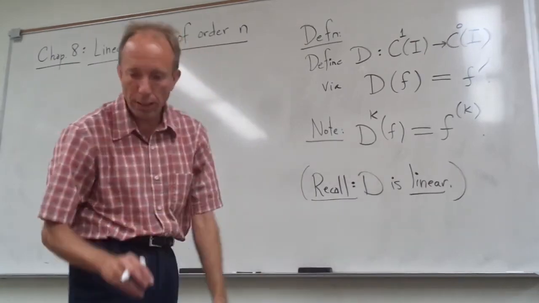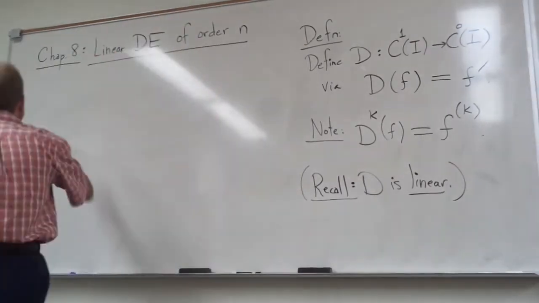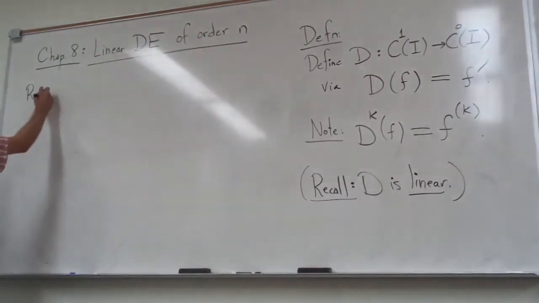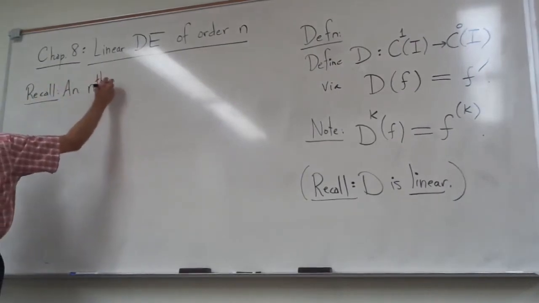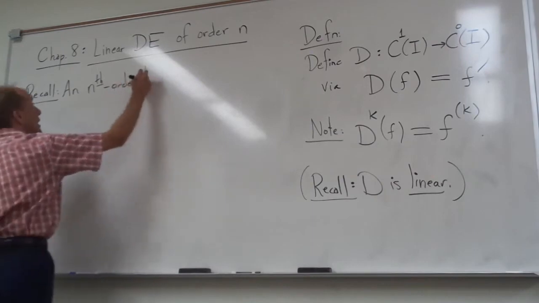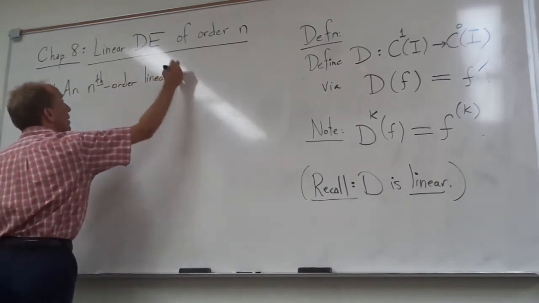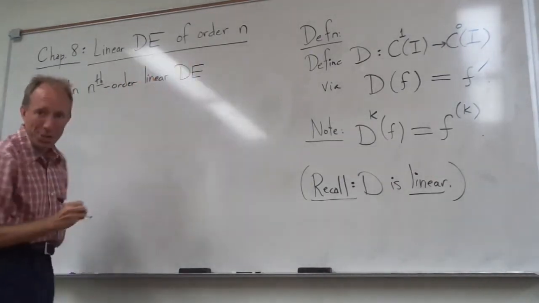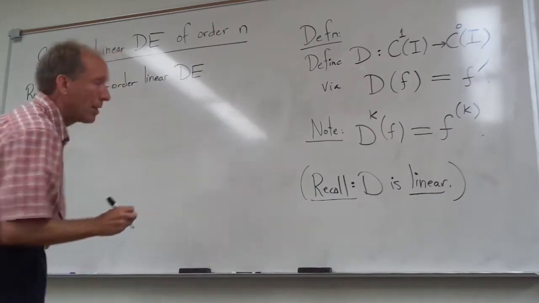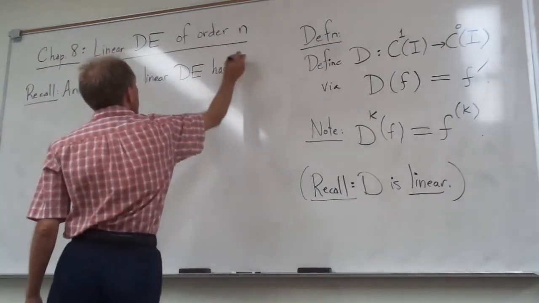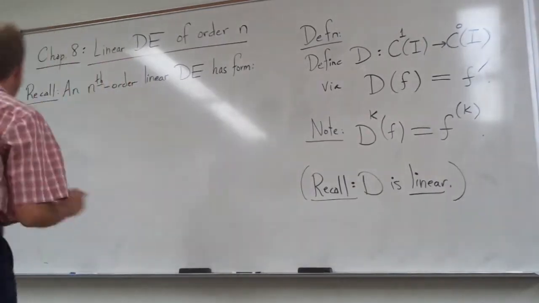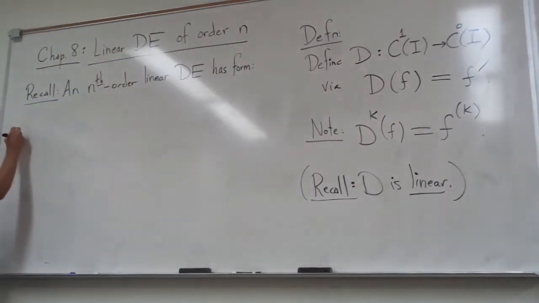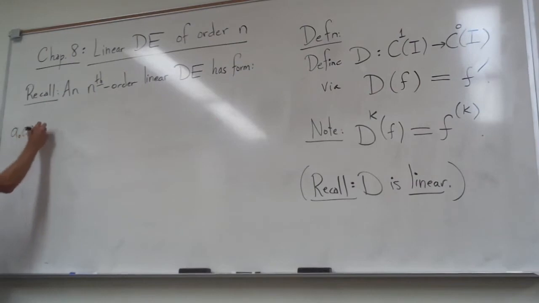That's the background. So let me just recall for you an nth order linear differential equation. It has the form, and this goes way back to the very first week of the semester. There's some function of x times n derivatives of the unknown function y.